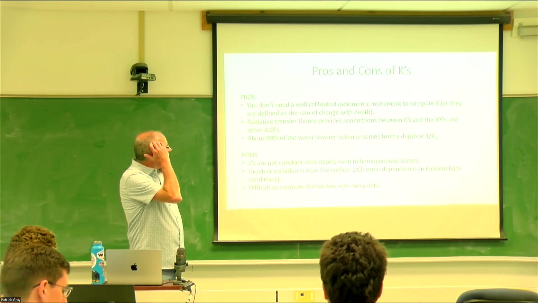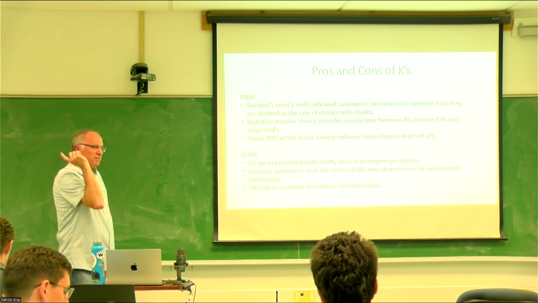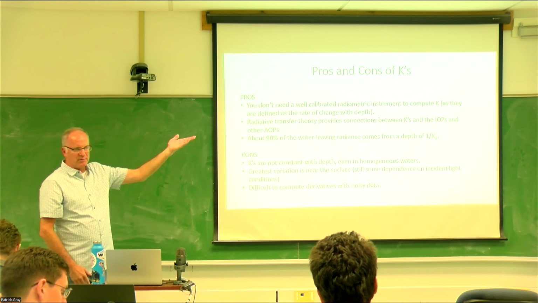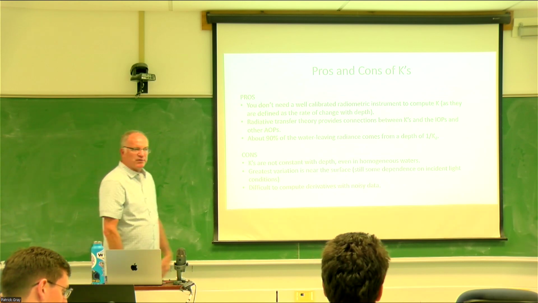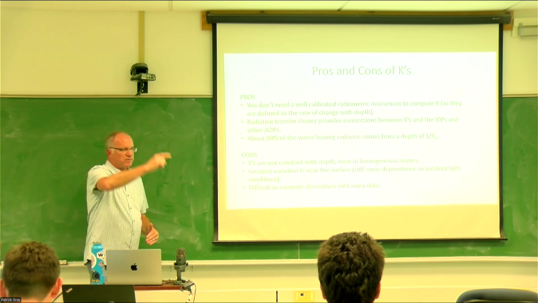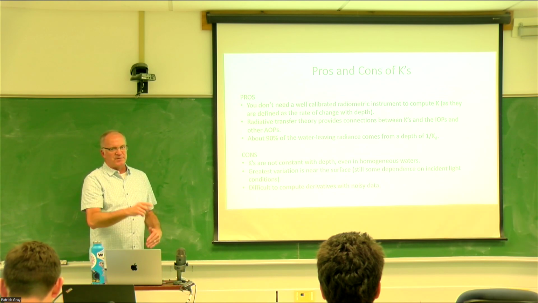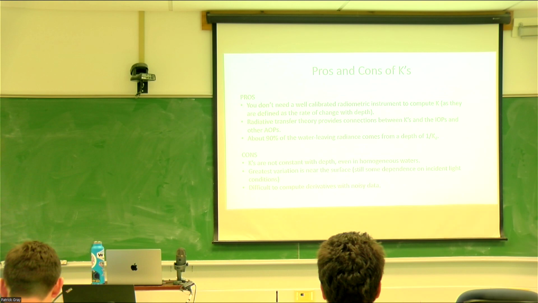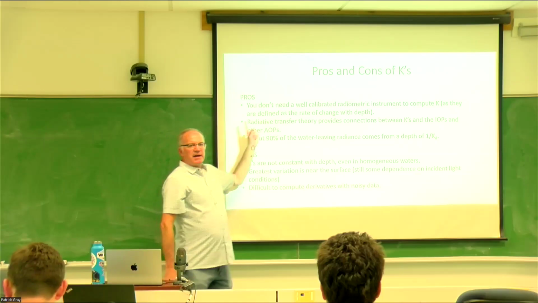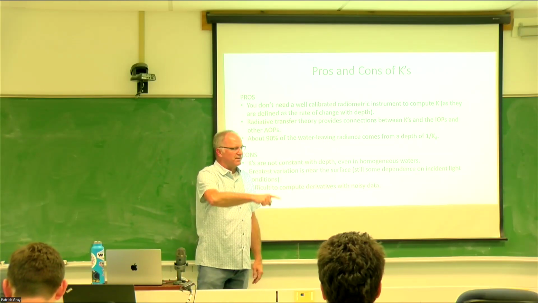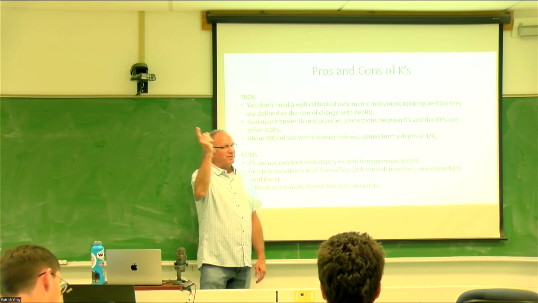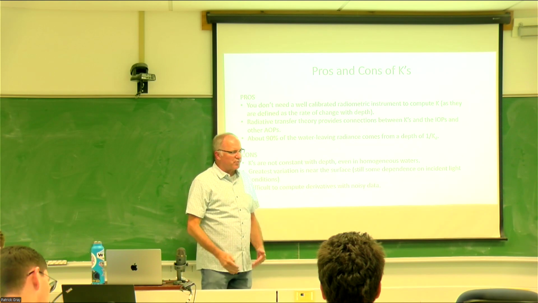Okay, so some pros and cons of K's. Pros are you're using one radiometer basically, unless you've got a surface radiometer as well. But at least your profiling one is using that same radiometer through your whole depth profile. So if that radiometer isn't calibrated well, maybe it's off by 5%, 7%, you'd still make that K measurement, because it's going to have the same uncertainty in the instrument measurement all the way through your profile.